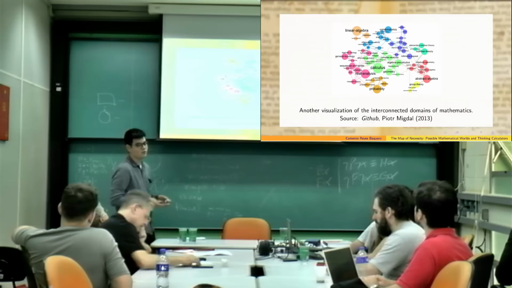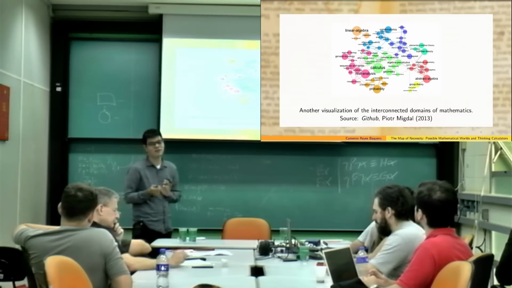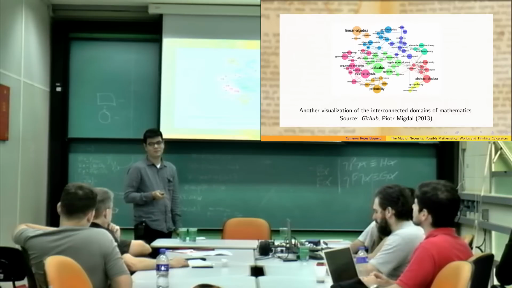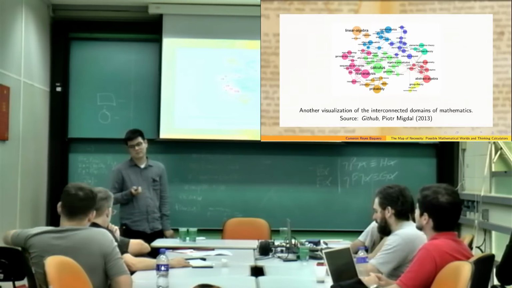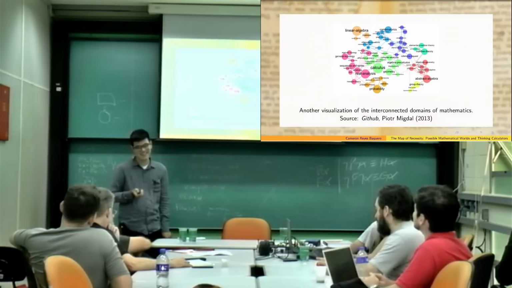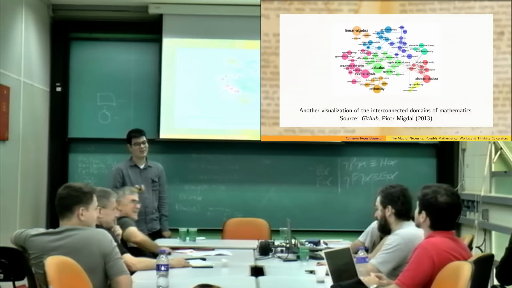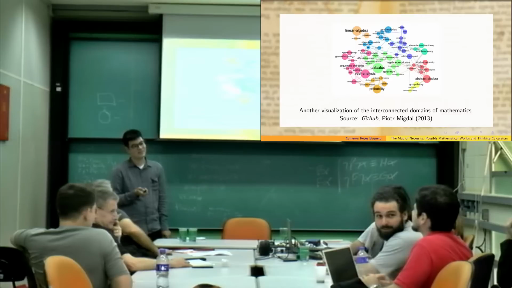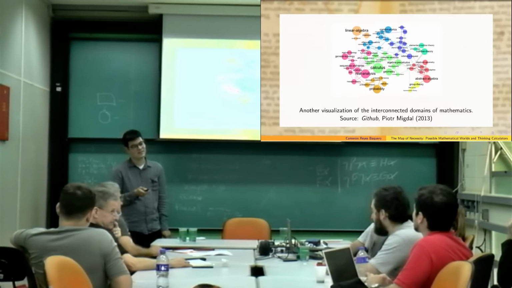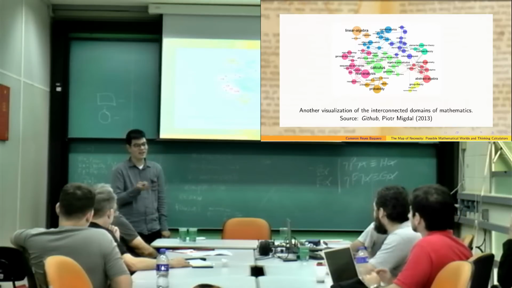So I'm going to ask you all here, how many fields of mathematics do you think there are right now? Let's say k to the power n. I mean, it depends on the granularity. Yeah, it's in the hundreds, I guess. Anyone say more, less?